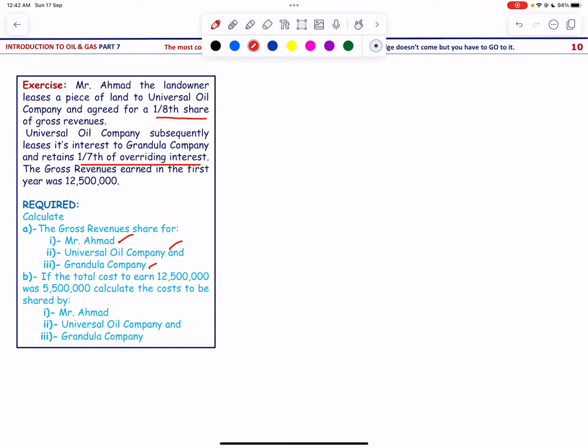So obviously Ahmed is going to receive the royalty interest, and that will be how much? That will be 1 upon 8 of 12,500,000. So this will be equal to 1,562,500.